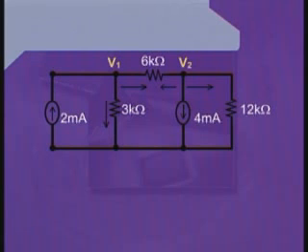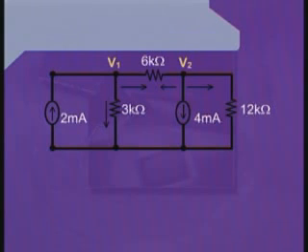Now, as our practice, we can take one node as a reference node. Therefore, we are left with 2 nodes. Now our task is to calculate the voltage at these 2 nodes. First of all, we start by designating 2 numbers to these 2 nodes, node number 1 and node number 2.